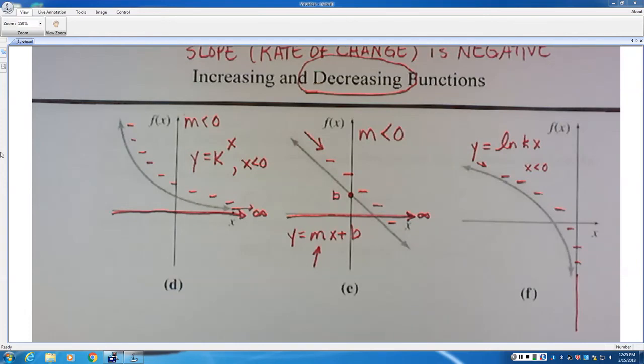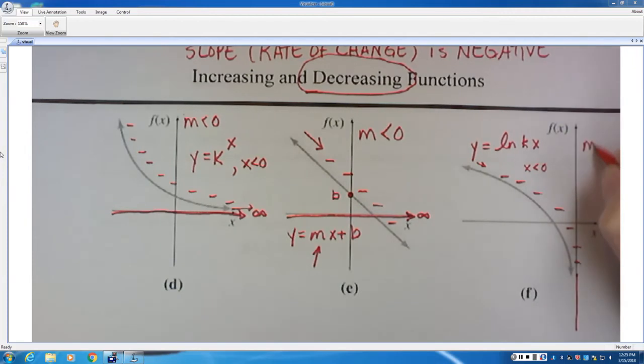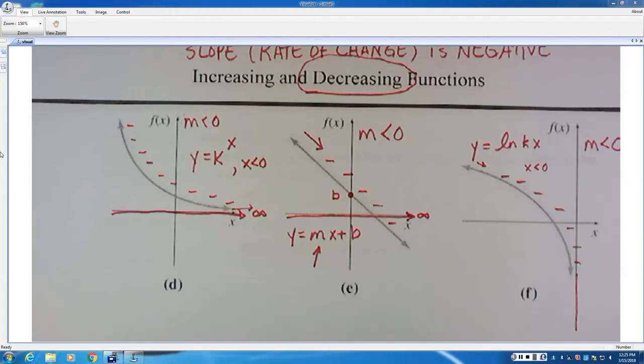Which means it's going to get very steep, but in a negative direction. It's going down. So all of those are decreasing functions. Graph in the middle decreases at a constant rate. The graph on the left, graph D, decreases at an increasingly smaller rate, and graph F actually decreases at a faster and faster rate.